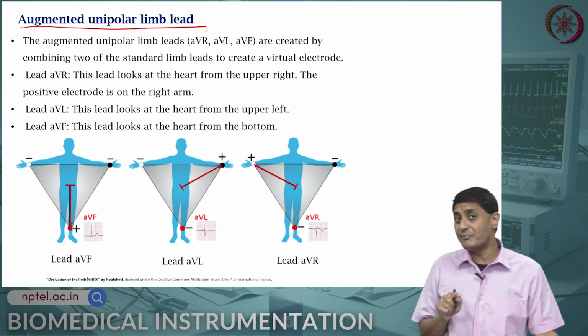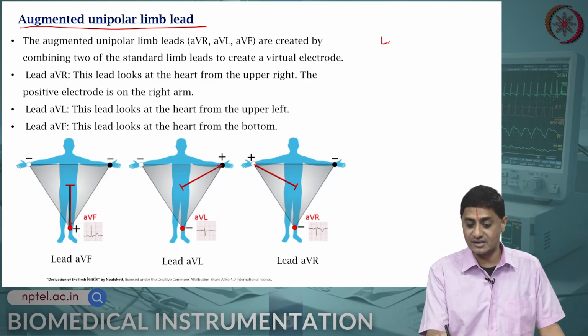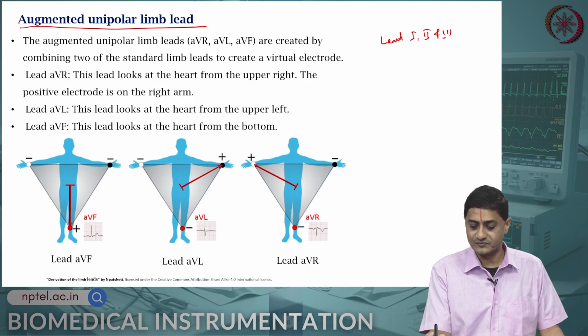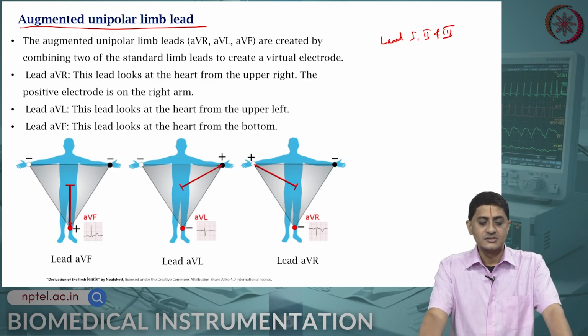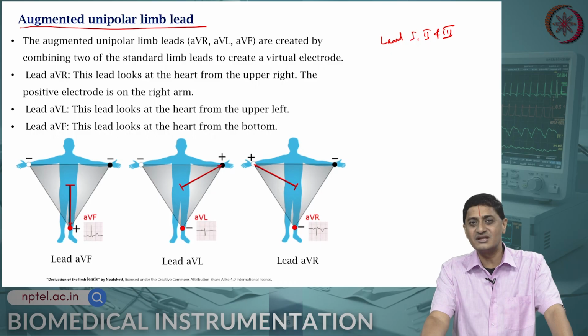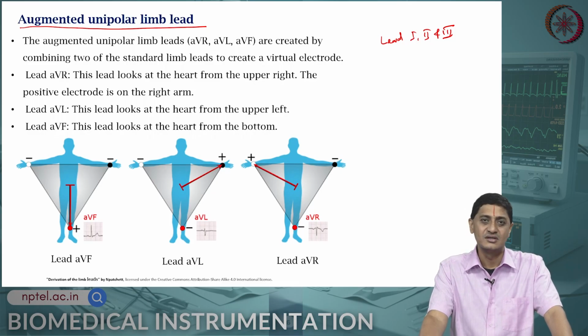Note that when you say bipolar limb lead, you are referring to lead 1, 2 and 3. The augmented limb leads or the unipolar leads are AVR, AVL and AVF. AVR refers to the right arm, AVL refers to the left arm, AVF refers to the foot, but in this case we only consider the left foot.